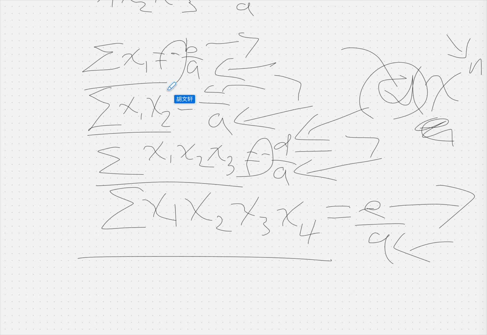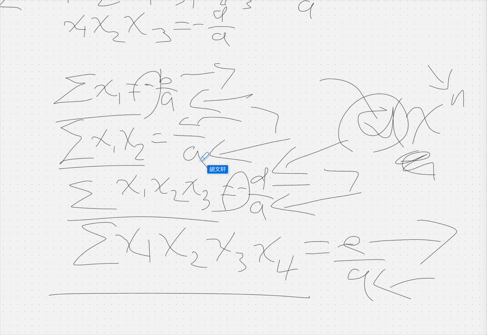This is the way you remember it: for the first sum, the sum of single roots, it is always going to be negative. And then after that, it's going to be positive, negative, positive.